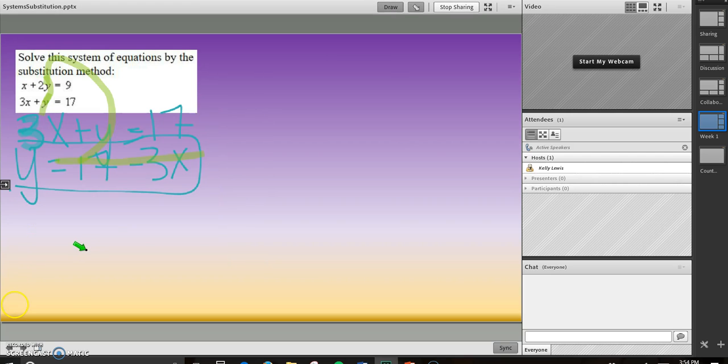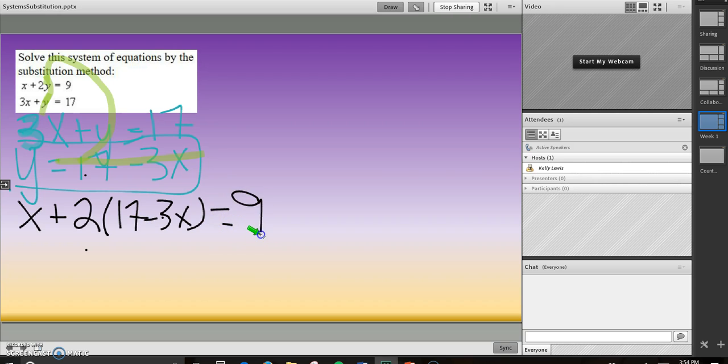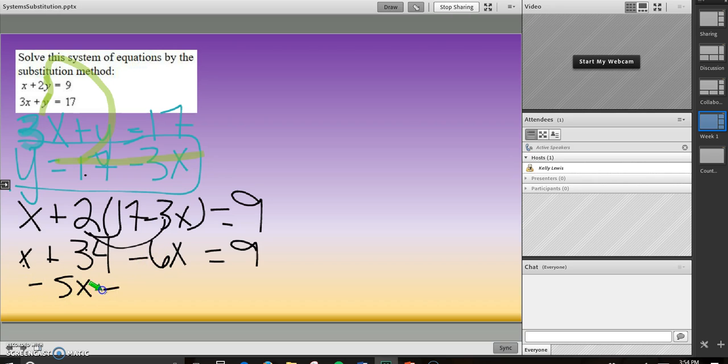So x plus 2 times, instead of y, I'm going to do 17 minus 3x equals 9. I need to distribute this 2. 2 times 17, I think, is 34, but I sometimes mess up. Minus 2 times 3x is 6x. All right, combine like terms, so x minus 6x is negative 5x.